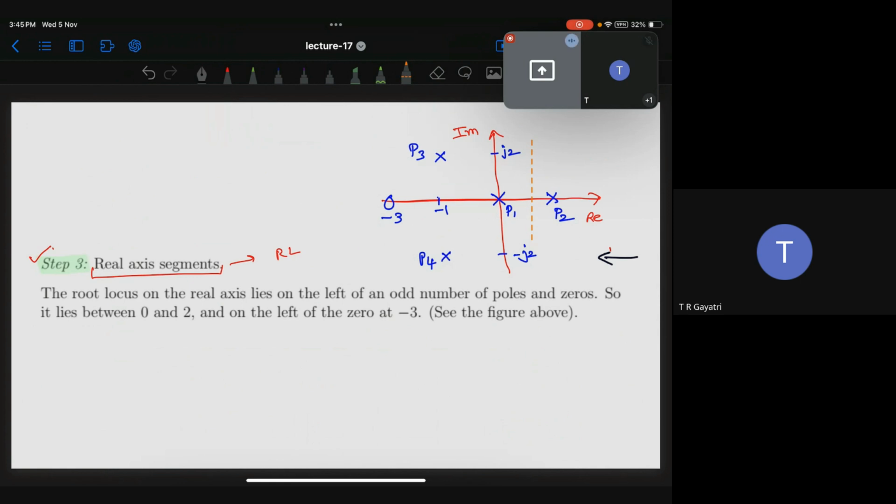So this is on the root locus. Correct? Now here we have 2 poles on the right side. So this part will not be on the root locus. So I'll remove that. Okay, next.